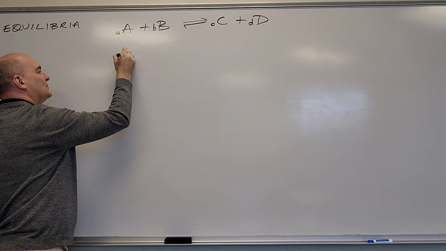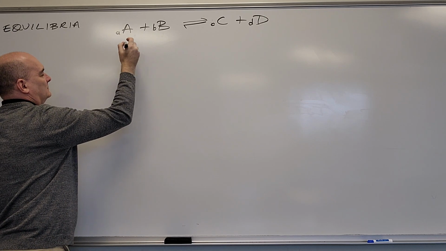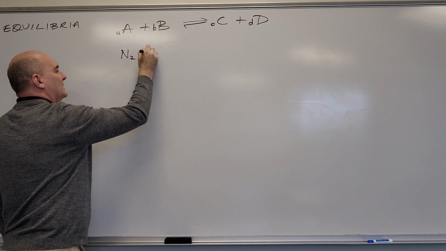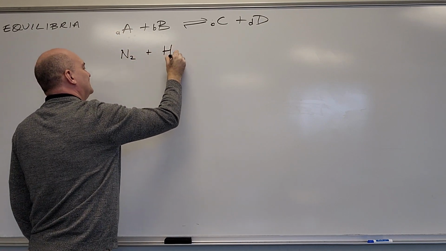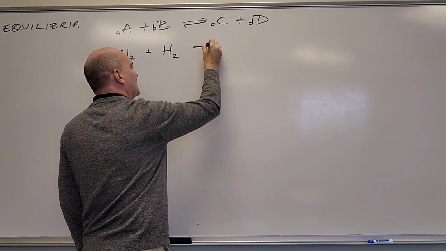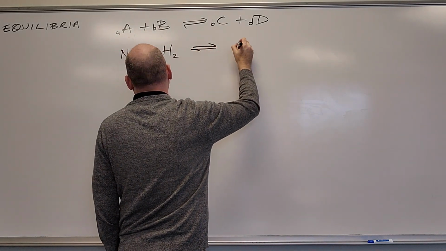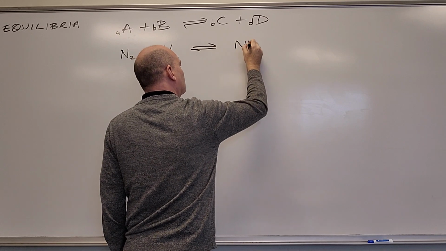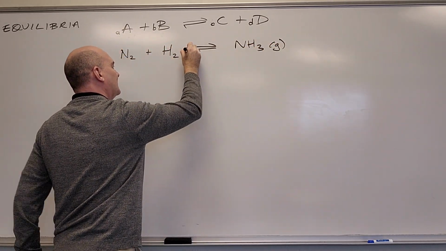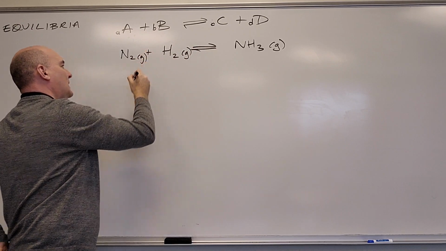Okay, let's throw a couple of things up on the board. Here's a nitrogen. The book loves this one. This is the Haber-Bosch process. It's really, really important. These are all gases, all in the gas phase.